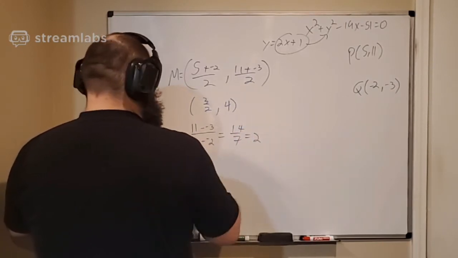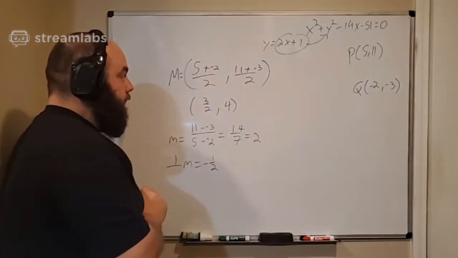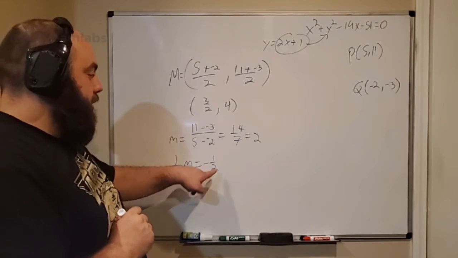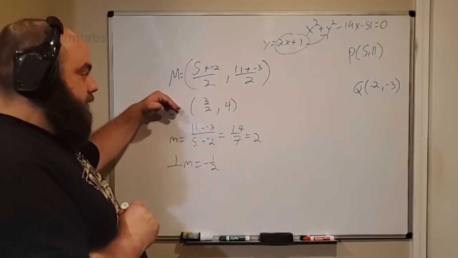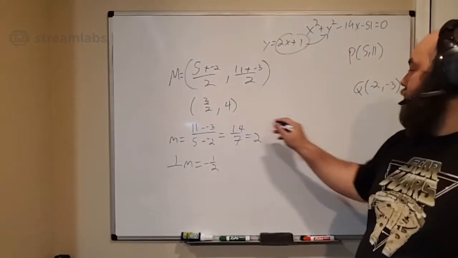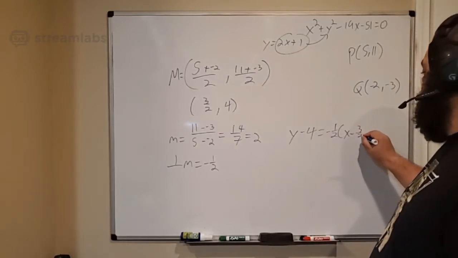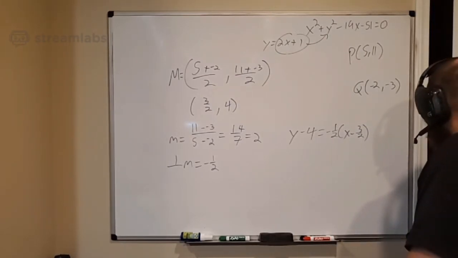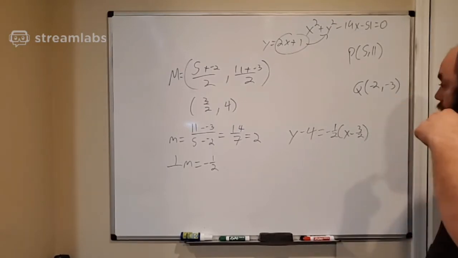So my perpendicular slope is negative 1/2. The line has to go through the midpoint, 3 halves, 4. So I get y minus 4 is equal to negative 1/2 times (x minus 3 halves). And you can leave it just like that. And there is your line.